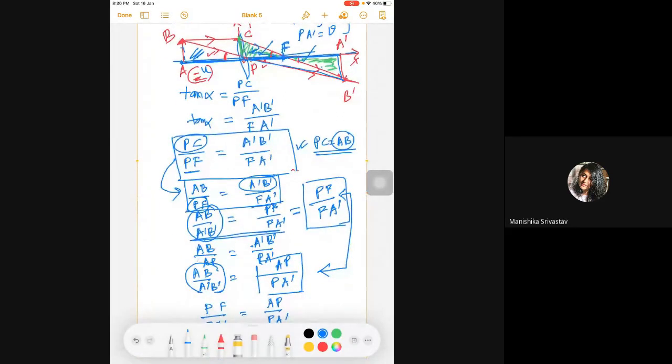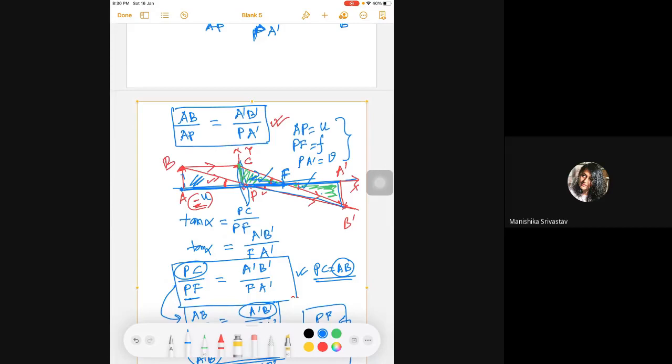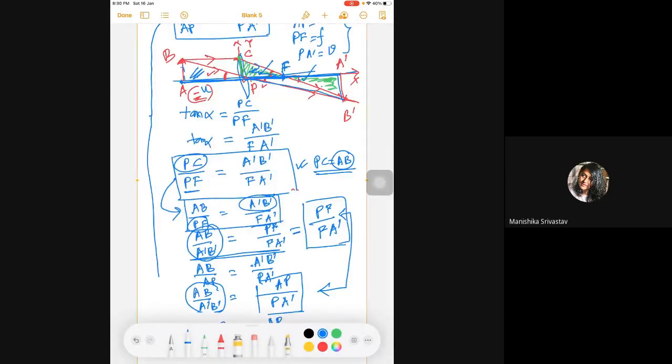Hold on to this point. And from another equation, we already have AB and A dash B dash. So this is object, this is image, so I am also putting object by image. From this particular equation, I am coming here and doing this one.